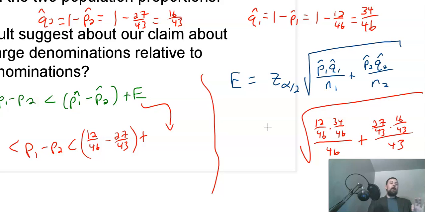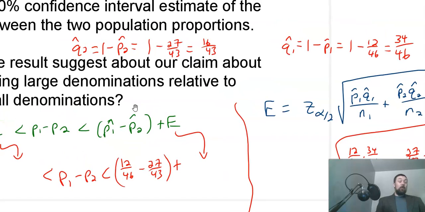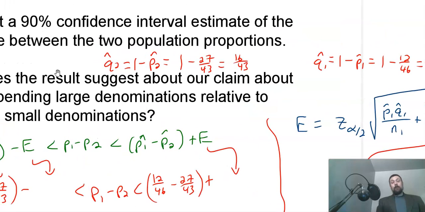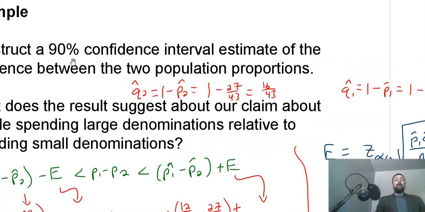Now, this problem was very specific about the confidence level, but other problems, like what you're going to see in your homework, will not tell you the confidence level. They'll just say, find an appropriate confidence interval, and you will have to determine the appropriate confidence level given the hypothesis testing that we just did.